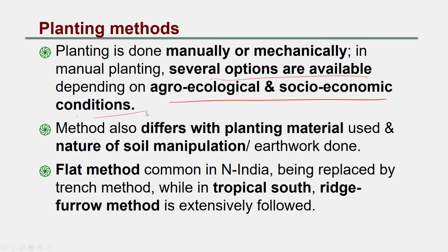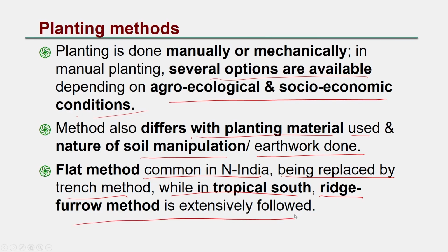Method also differs with planting material used and nature of soil manipulation and earthwork done. Flat method is common in North India, being replaced by trench method, while in tropical South, ridge furrow method is extensively followed. So there are a number of methods that are followed in India for planting or sowing of sugarcane.